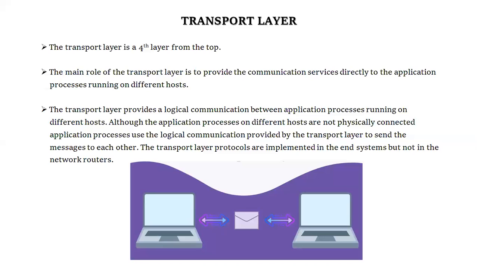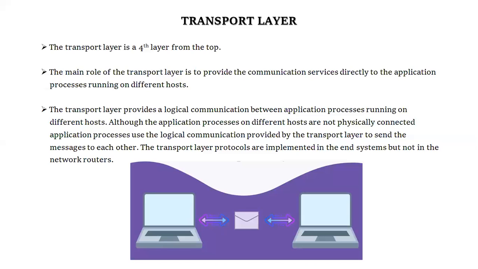The main role of the transport layer is to provide communication services directly to the application processes running on different hosts. The transport layer provides logical communication between application processes running on different hosts. Although the application processes on different hosts are not physically connected, as I said, they are logically connected.